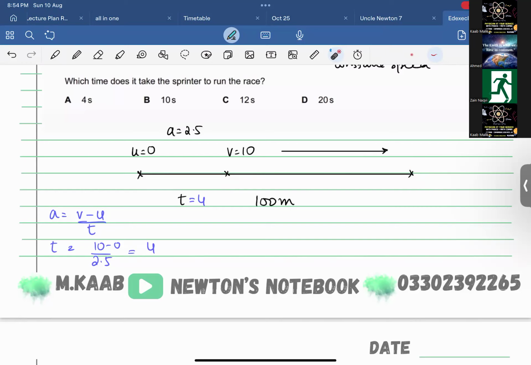So you are only left with speed equals distance upon time for the remaining portion of the journey. For that you have the velocity, which is given as 10, and the distance, which is unknown. So what will you do for the distance?